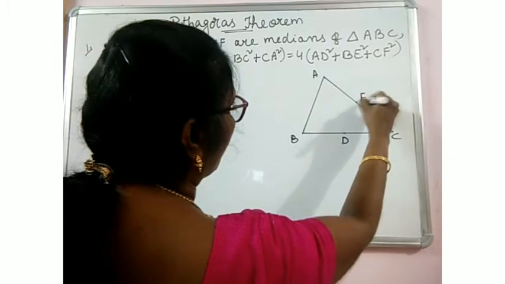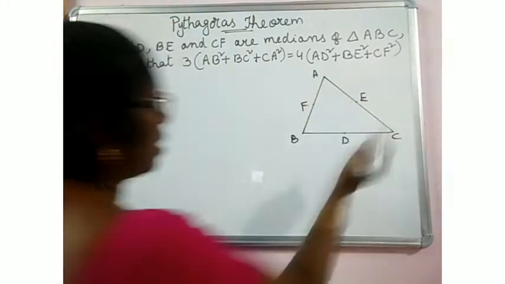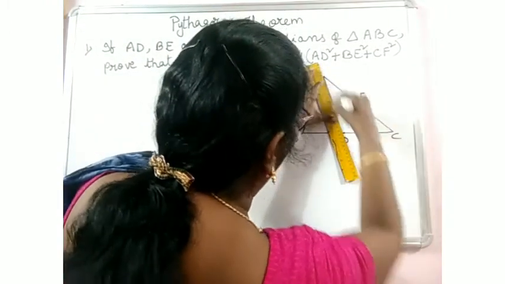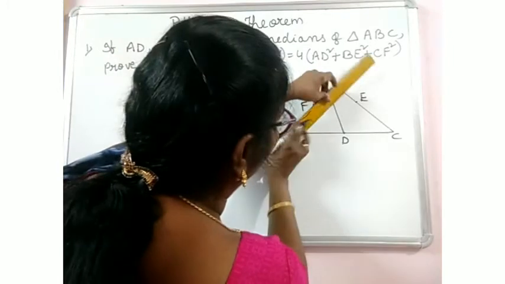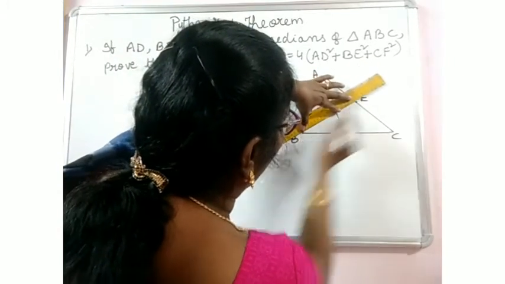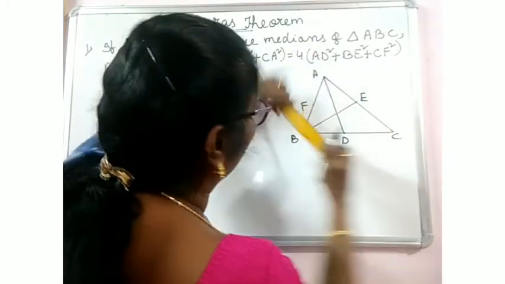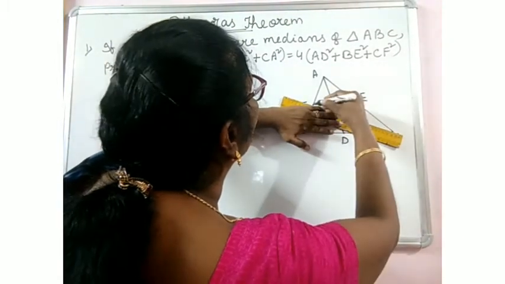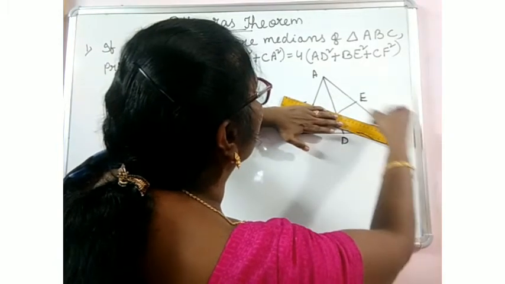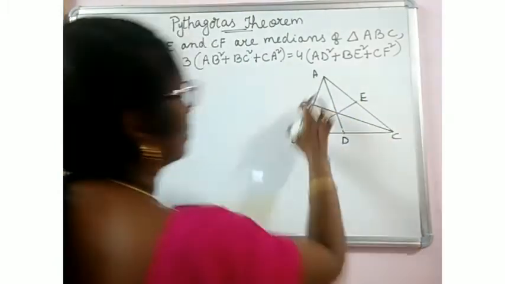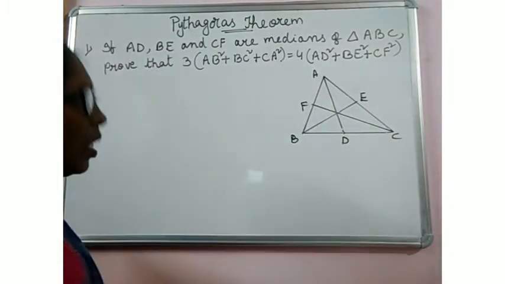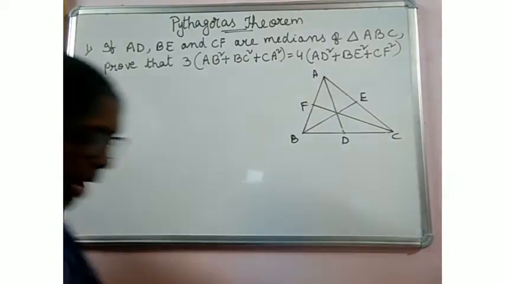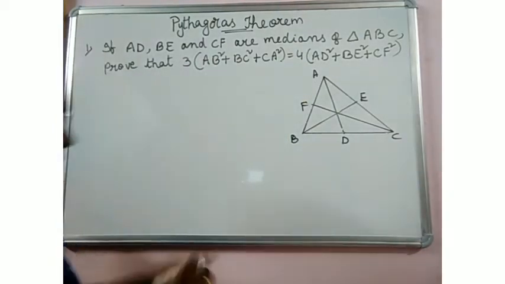BE and CF are the medians of triangle ABC. So let me join AD. AD is the median. BE is another median. CF is the third median. So AD, BE and CF are the three medians of triangle ABC. That is what is given to us.